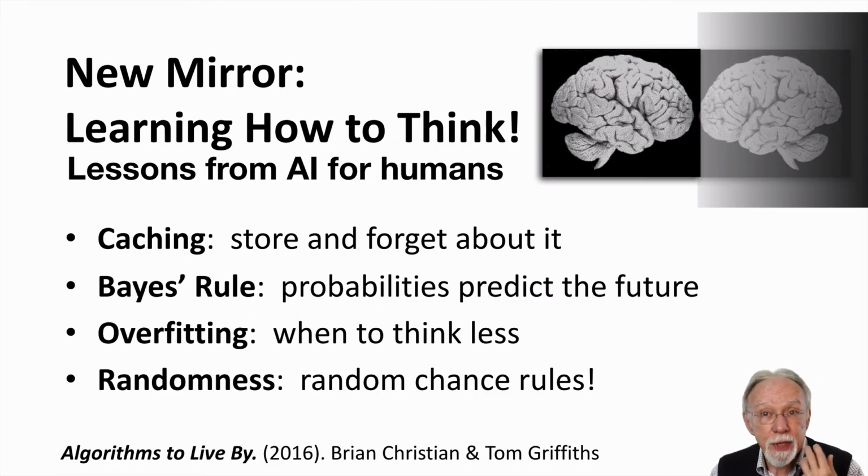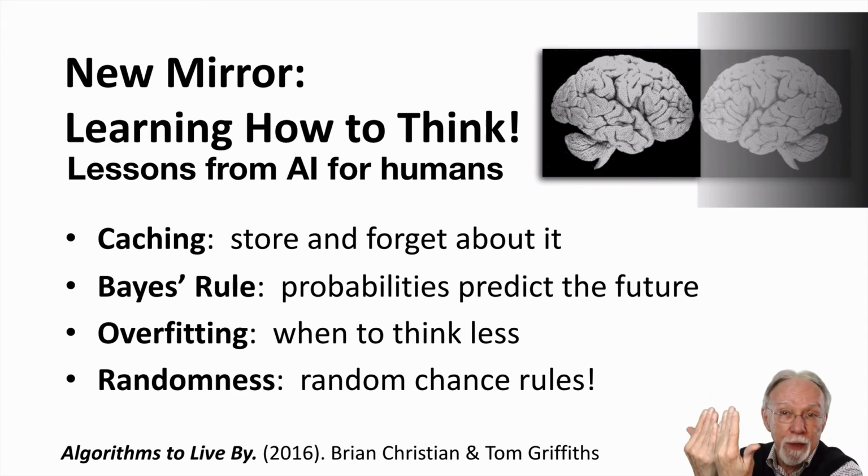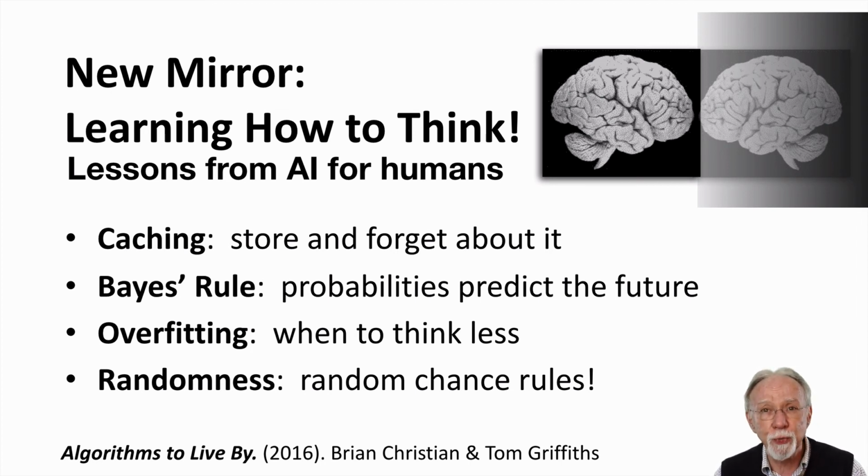So the machine learning AI actually becomes like a mirror where we can look into that and see a reflection of a different kind of learning. We can actually learn ways of thinking from that. And the book Algorithms to Live By, by Christian and Griffiths, is a whole book on that. Tom Griffiths is one of the world's leading computational neuroscientists, so he has some real expertise.